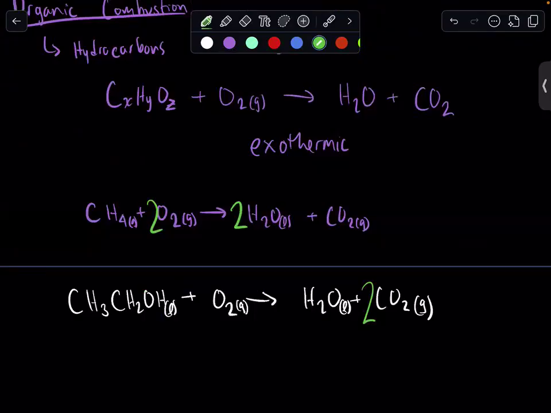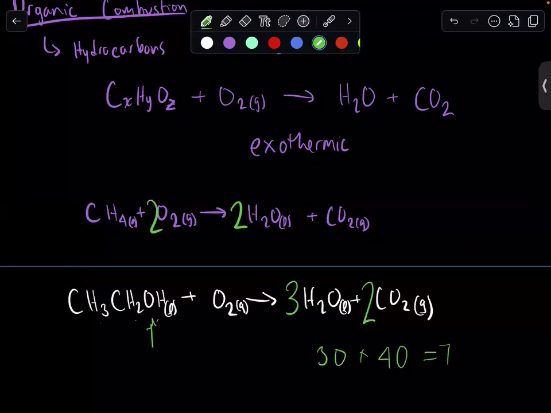I notice I have quite a weird number of oxygens. I have 1, 2, 3, and then I have 3 hydrogens plus 2 hydrogens plus 1 hydrogen. That's 6 hydrogens. I'll put a big 3 here to match our 6 on each side. I notice I have 3 oxygens plus 4 oxygens for a total of, whoops, 7 oxygens. I've got 1 right here, so I'll just put a 3, and we have a balanced chemical reaction.